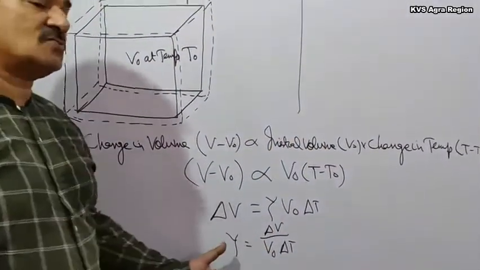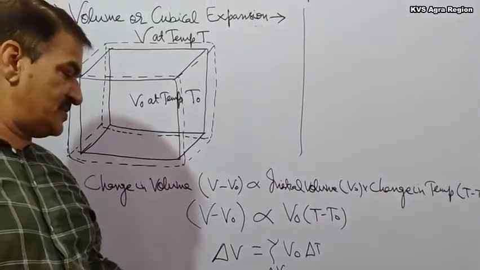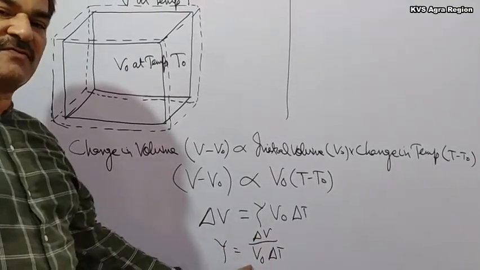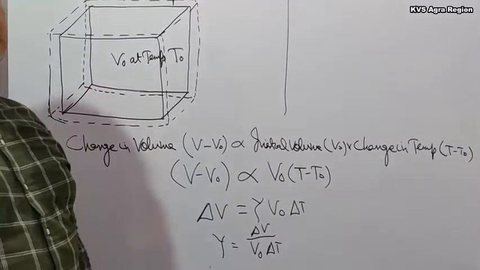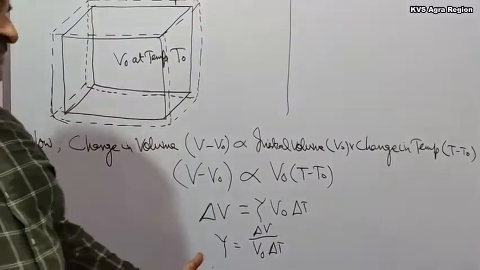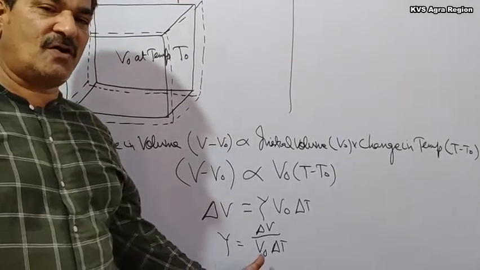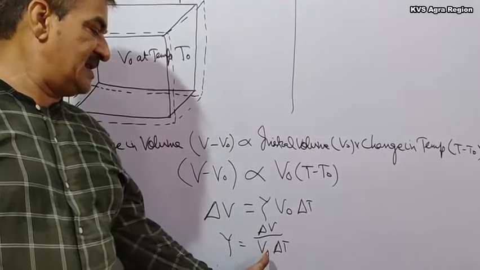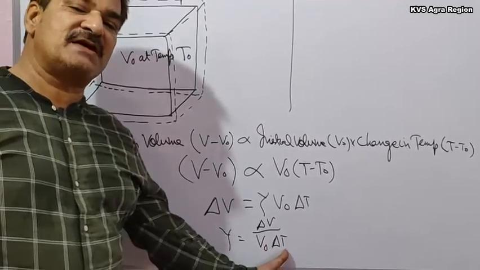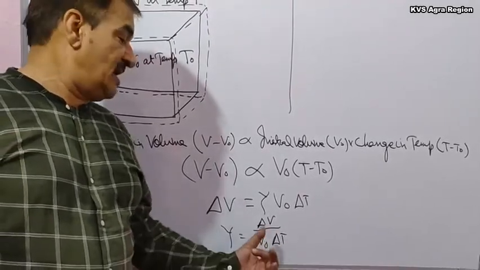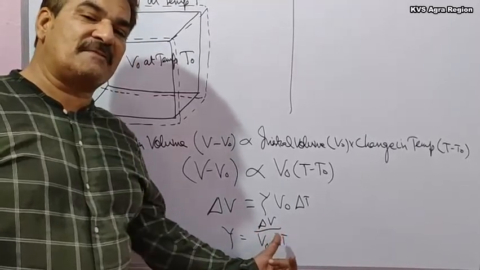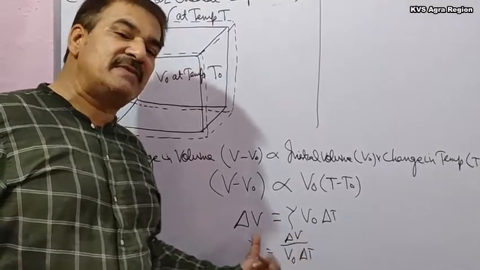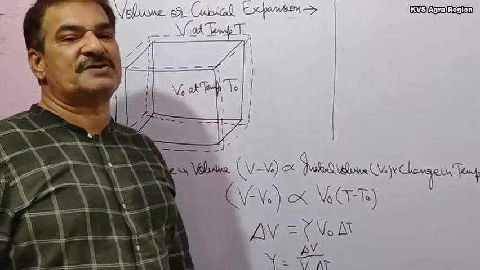This coefficient of volume expansion is defined as change in volume per unit original volume per unit rise in temperature. It means if we take a cube of unit volume, of 1 meter cube, and increase its temperature by 1 degree Celsius, the change in its volume that occurs will be its coefficient of volume expansion.